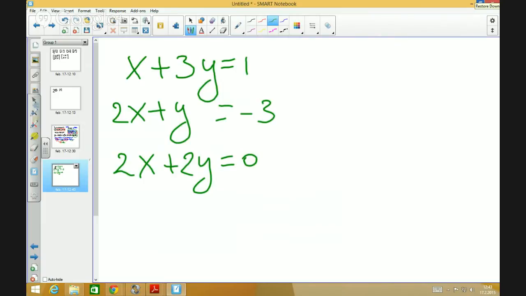So what we want to do is we want to use the elementary operations to turn this system of equations into one which is easy to solve. So one thing that first of all we might want to try and do is to get rid of this 2x here and this 2x here. What operation do you think I should try to use to get rid of those two x's?